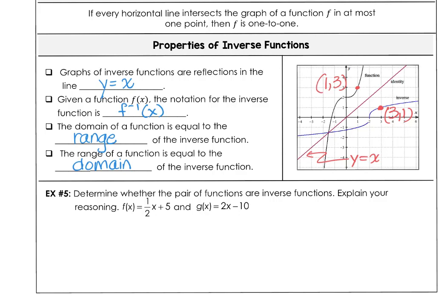And if you consider the black line, think about passing a horizontal line across here. The black function is 1 to 1, which means the inverse function is going to be a function that passes the vertical line test. The blue graph passes the vertical line test because the black function passed the horizontal line test.